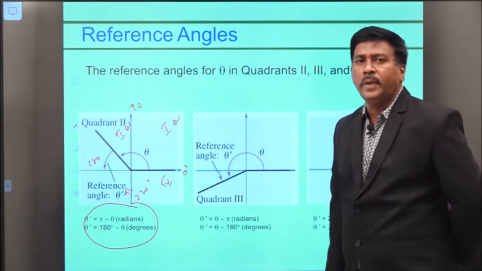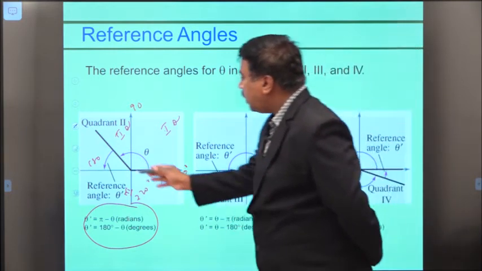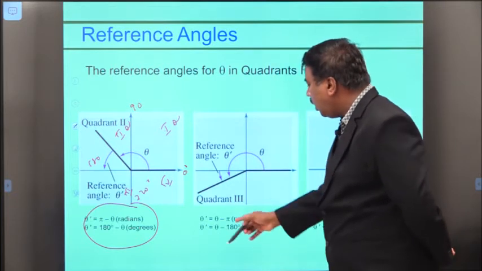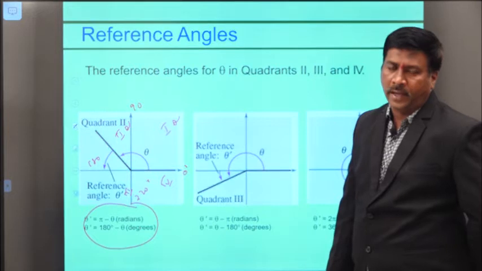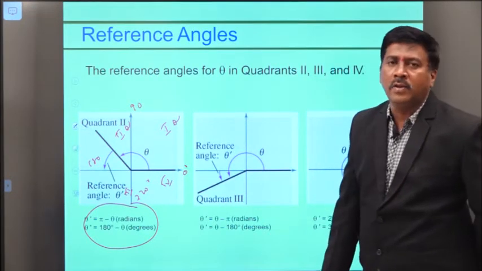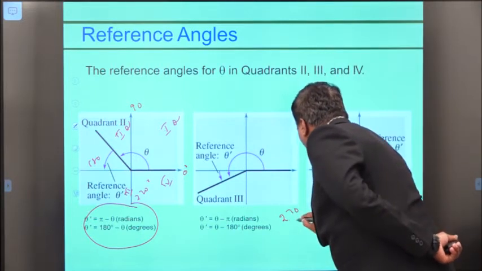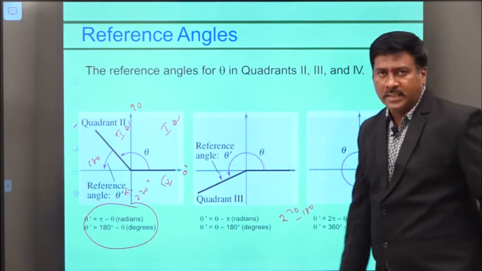Suppose the angle is 270, which is in the third quadrant. In the third quadrant, the reference angle is theta dash equal to theta minus pi. Pi is 180 degrees and theta is 270, so 270 minus 180 gives the balance angle, which is called the reference angle.